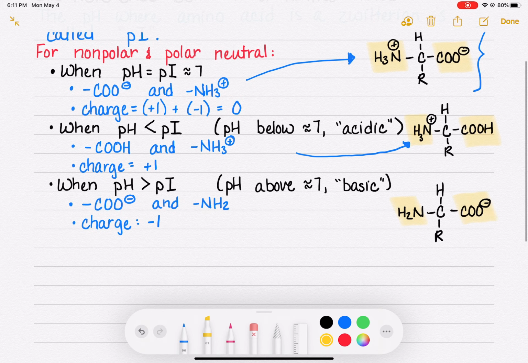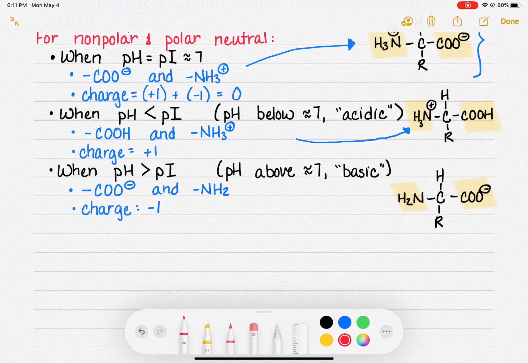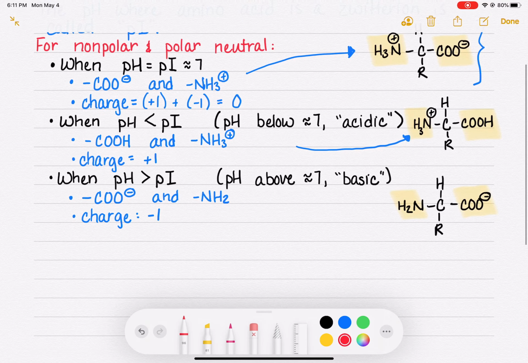Now, before we go on, I'm going to make a general rule here. And this is going to be a really important rule that we're going to continue to follow for all the amino acids. Without exception, this is just a rule.